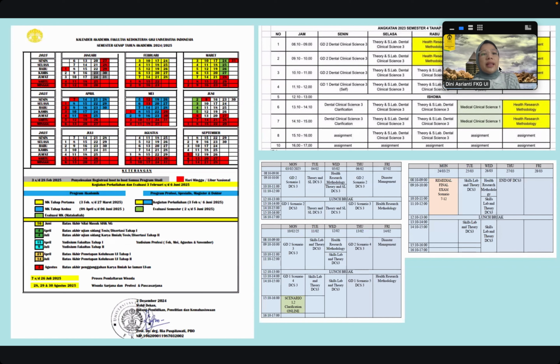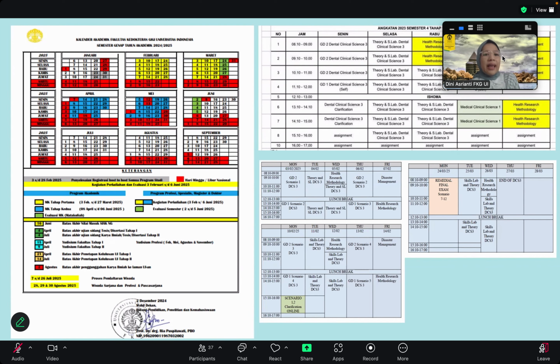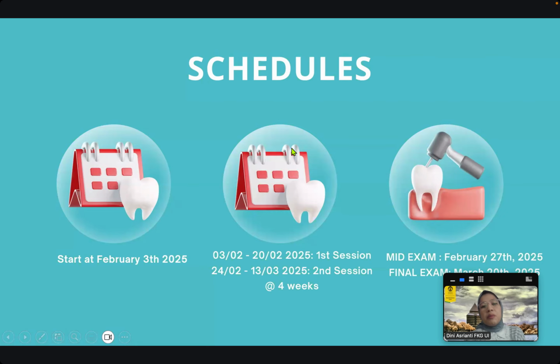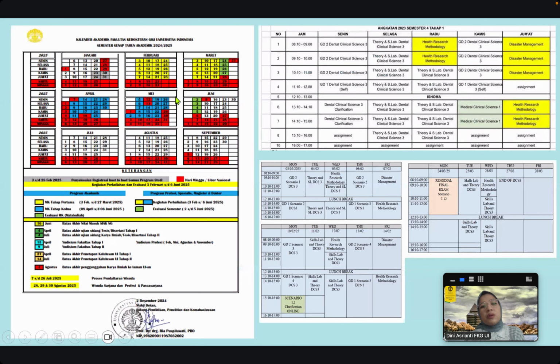So this is the one that I'm telling you again and again about, the schedule from the academic calendar of the university. As you can see, the red one is the holiday. You can see this on the 28th of March. You will have the holiday for Eid, Idul Fitri, until 7 April. So I already created this schedule by week.